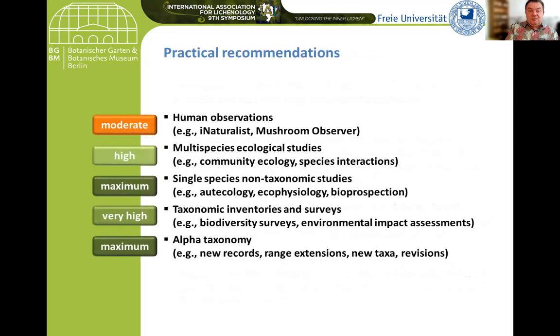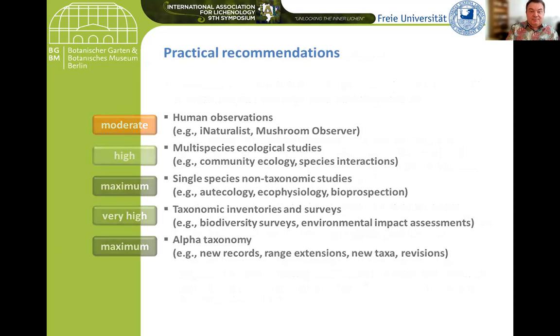And to finalize, I want to give some practical recommendations, and I want to go back to this slide I have shown before, on these different situations where we have different acceptable levels of accuracy and precision. If we have a lower level of accuracy and precision, how can we guide this?